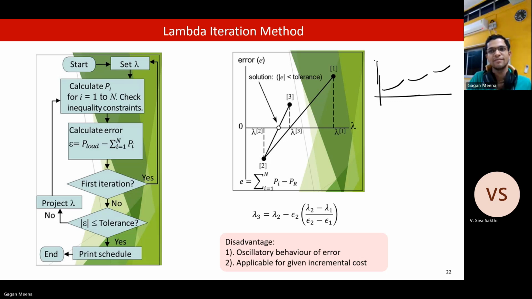And let's say the load is somewhere. The load is such that the incremental cost comes out to be this lambda, some lambda naught. Then this means that this generator is fully utilized. P2 is also almost fully utilized, and P3 is not utilized.